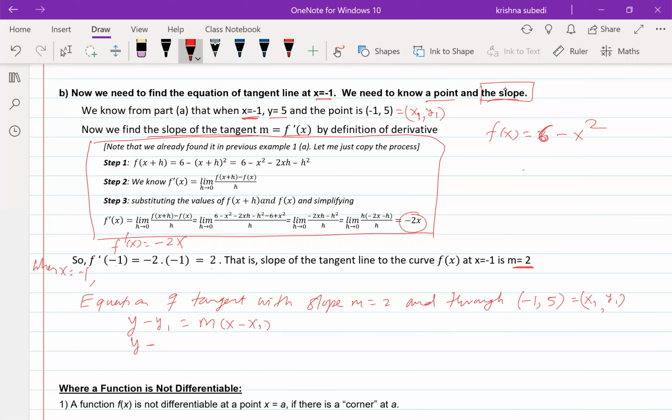Substituting, y minus 5 equals 2 times x minus negative 1. If you simplify, you get y minus 5 equals 2x plus 2, which gives y equals 2x plus 7, the equation of the tangent line.